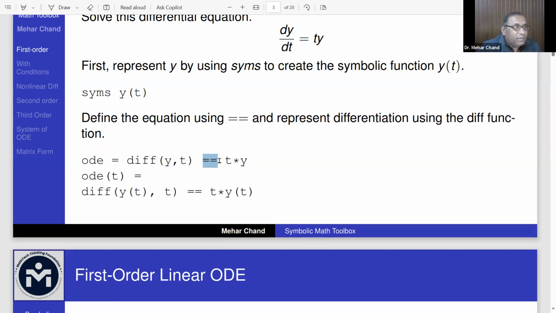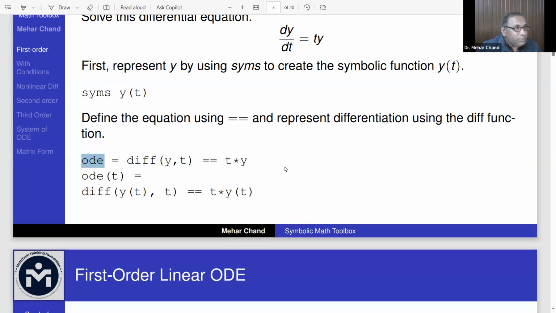Double equal means this equal. And t times y. This differential equation has been stored in ODE.